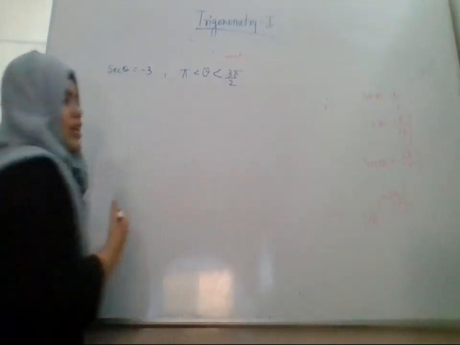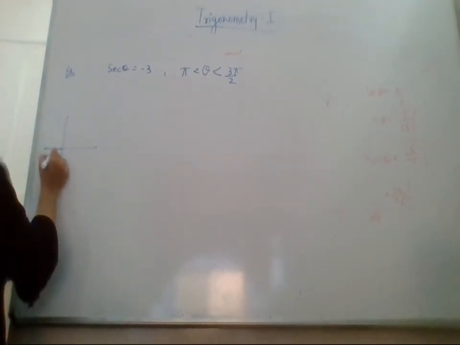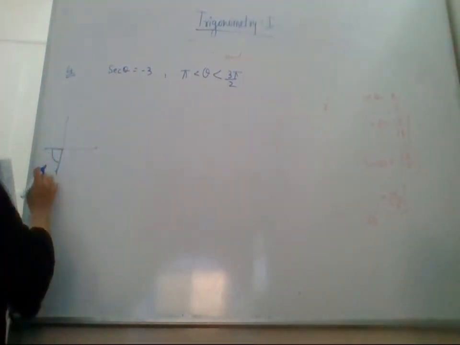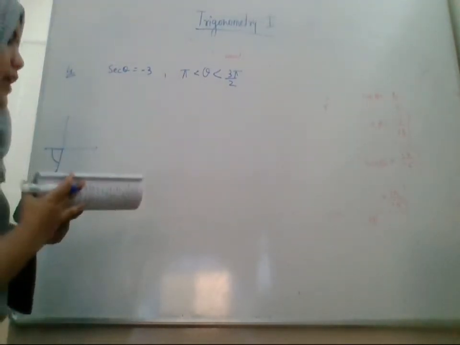That means in the third quadrant, from pi to 3 pi by 2. So your theta is in the third quadrant. Okay, then find the values of the other trigonometric functions.